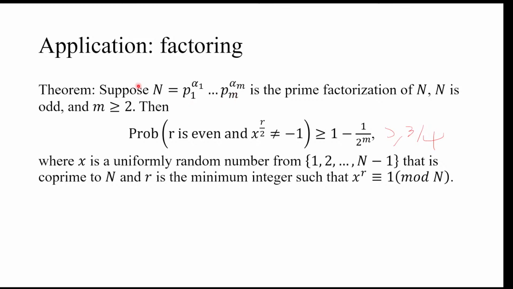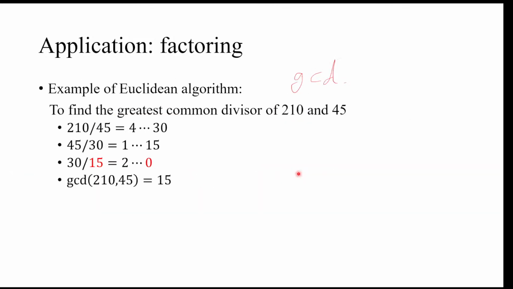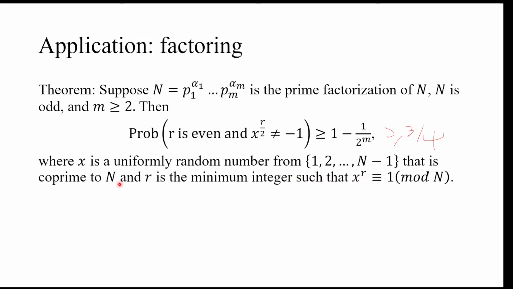Then you draw a uniformly random x, and we want everything good to happen: we want the order to be even, and also x to the r over 2 doesn't equal -1, so this doesn't happen, so both of these happen. Then this theorem we copy from the book says that the probability is at least 1 minus 1 over 2 to the m. Okay, and m is at least 2 here, so this probability is at least 3/4.